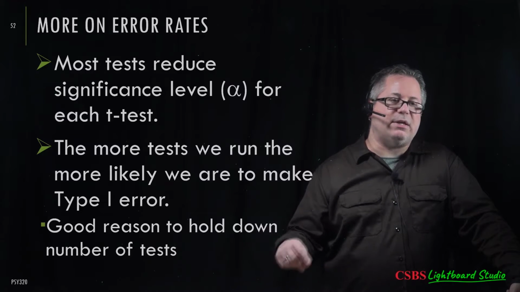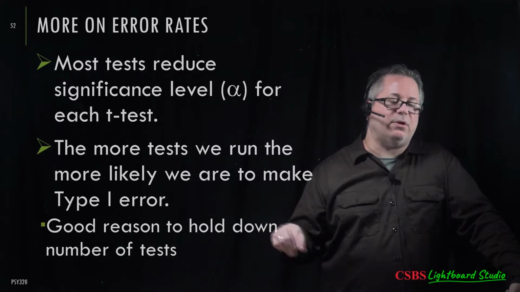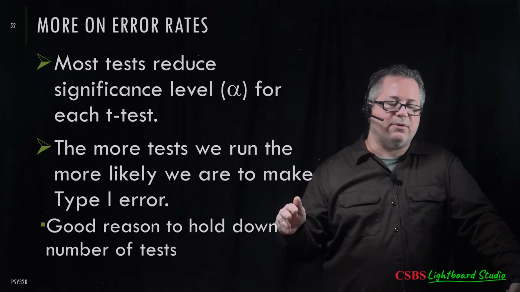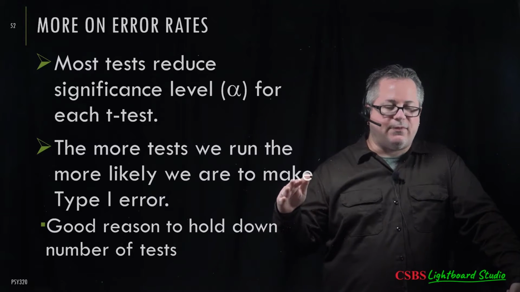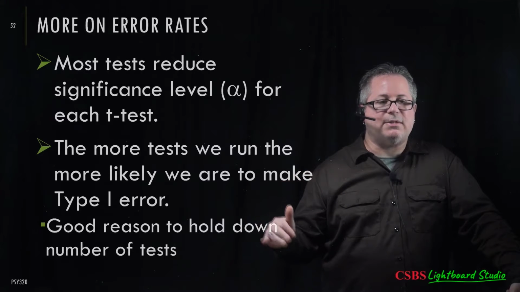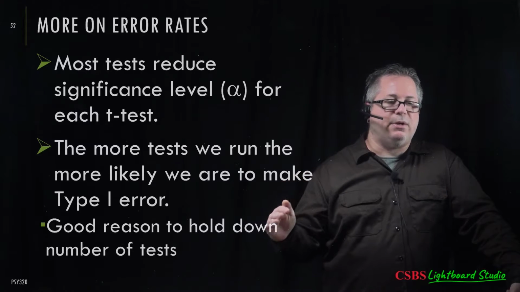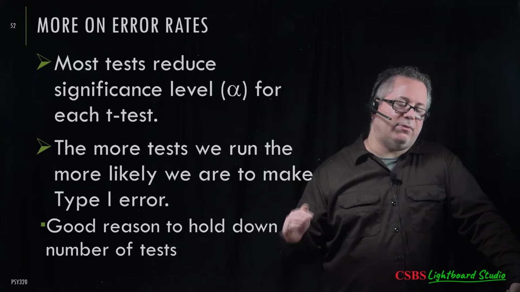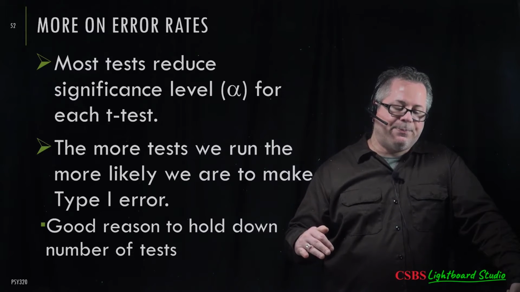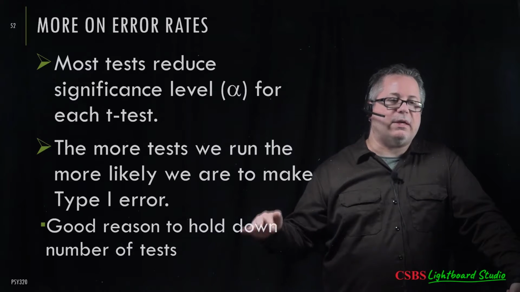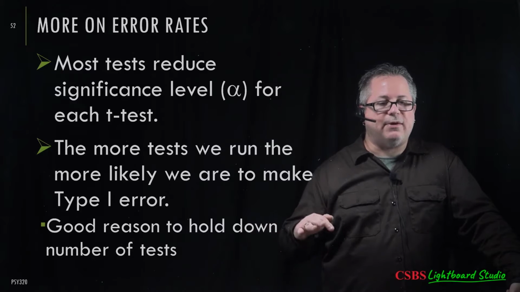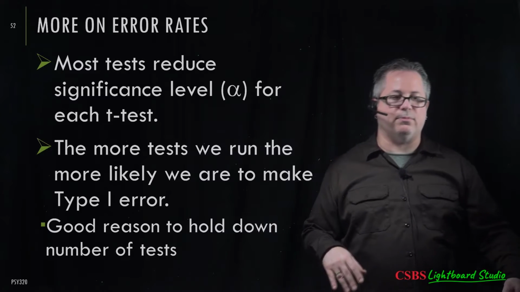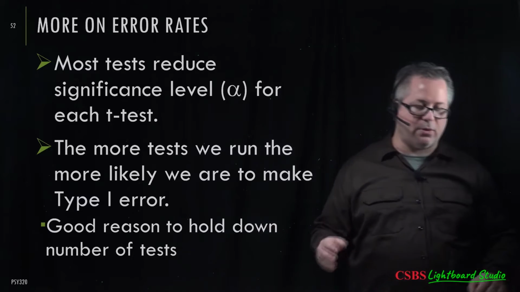Because each t-test you do requires another alpha level, another 5% alpha or whatever. So if you're trying to keep the overall family-wise error rate down, you can do as few tests as makes sense, and then make sure that they all collectively add up to 0.05, and that'll be a way of controlling for inflating type 1 error, okay?